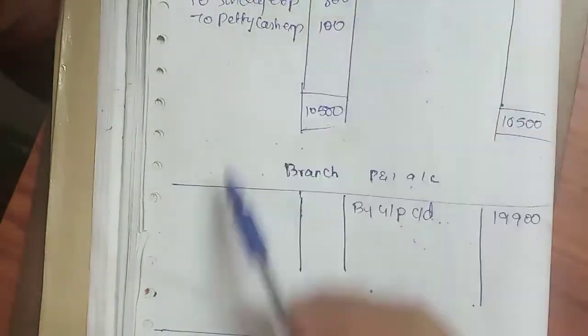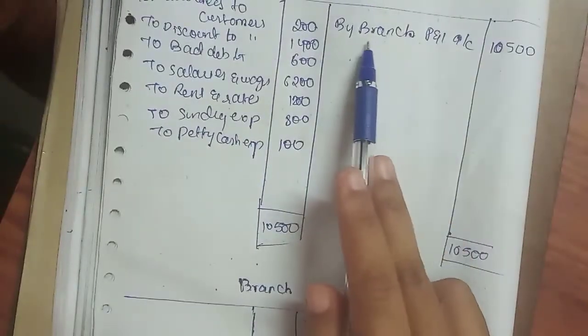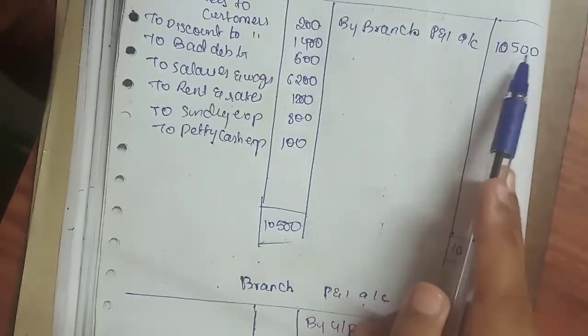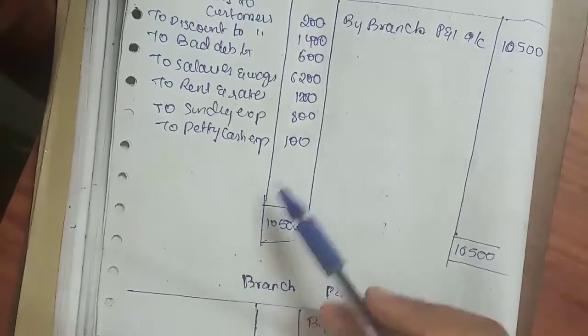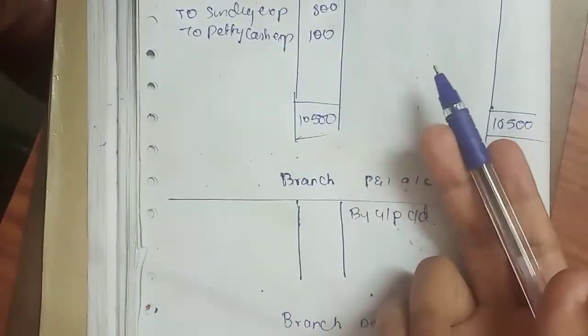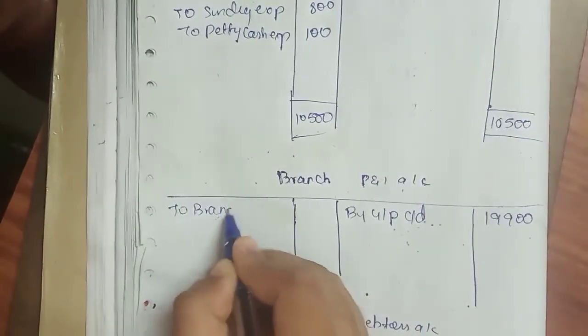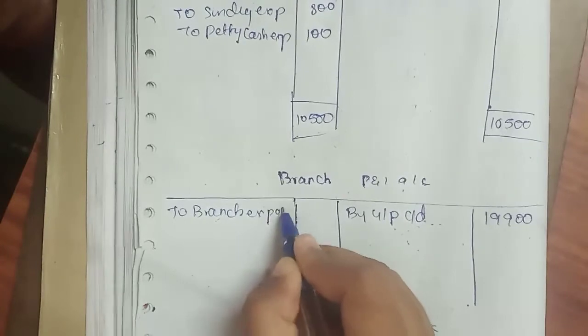Now in this P&L account, just now we did the expenses. So the branch P&L account, they have given some information, I mean it should be transferred. So write it as, if it is in the credit side, it will come in the debit side, to branch expenses account.